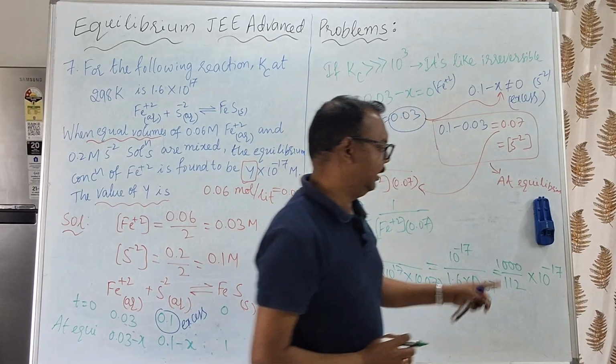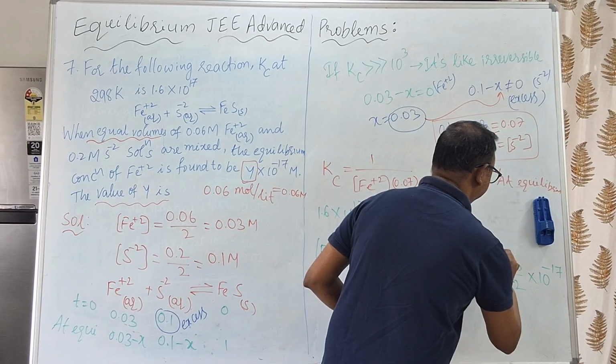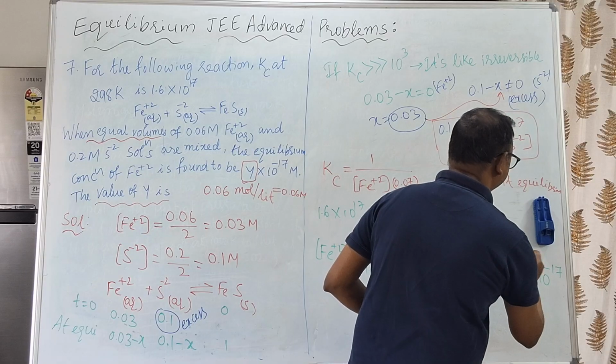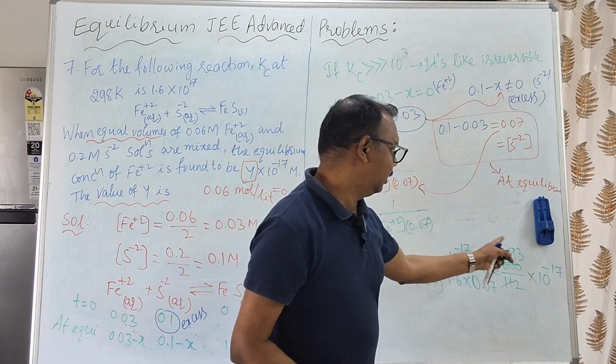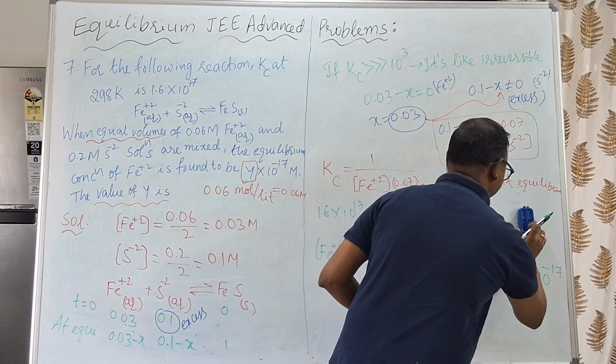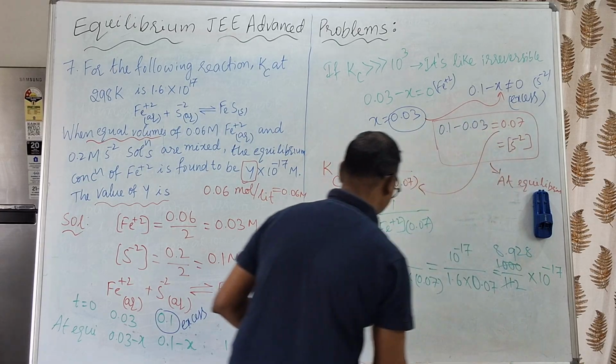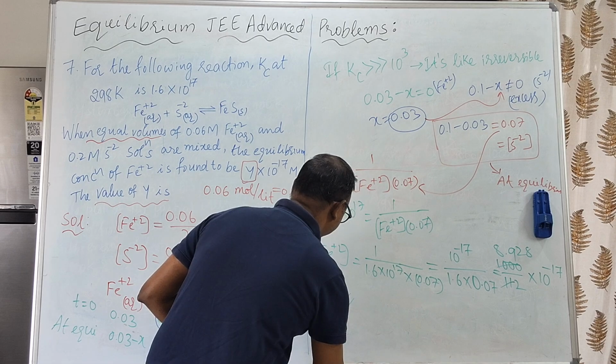If you calculate that, you get 8.928, the approximate concentration.